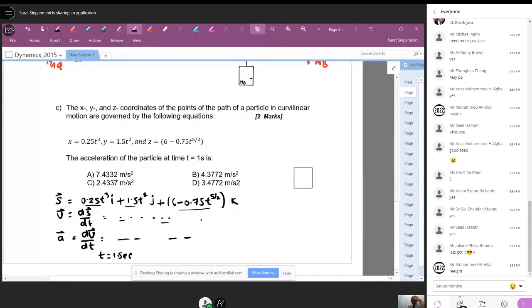Then you will get the acceleration as a vector, something times i, something times j, and something times k. The magnitude is the square root of the x component squared plus the y component squared plus the z component squared. When you do that, you will get the acceleration as 4.3772, which is B. Any question?